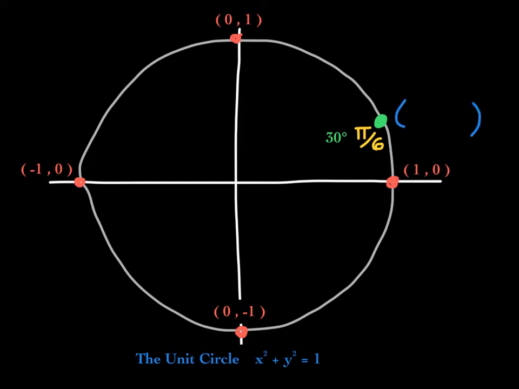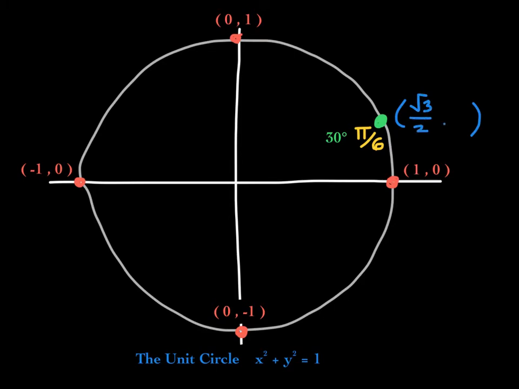Now this point right here on the unit circle has coordinates x, y. But remember, x, the first coordinate, is equal to cosine of s. It's equal to cosine of this arc length s, which corresponds to this angle, pi over 6, or 30 degrees. So x here is cosine of pi over 6, cosine of 30 degrees, which is root 3 over 2.